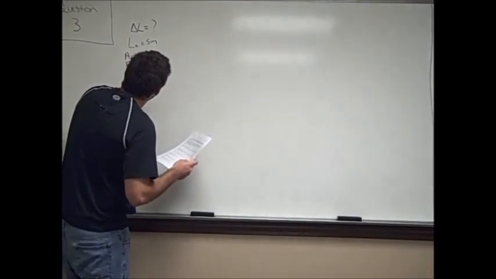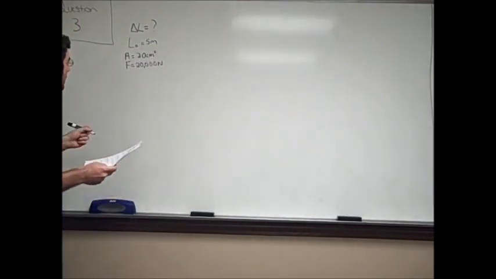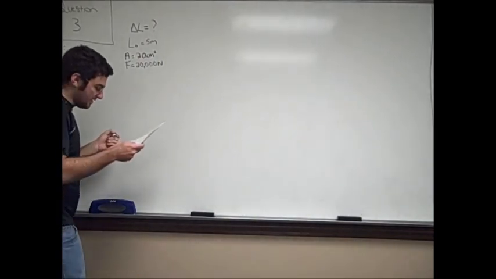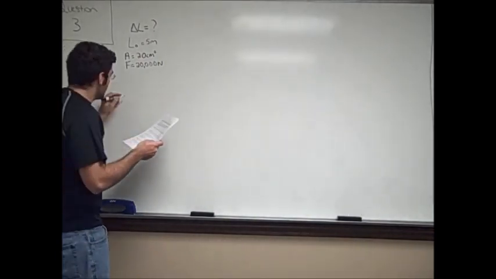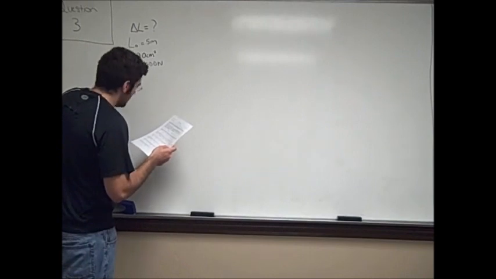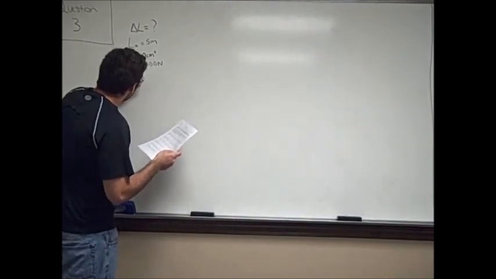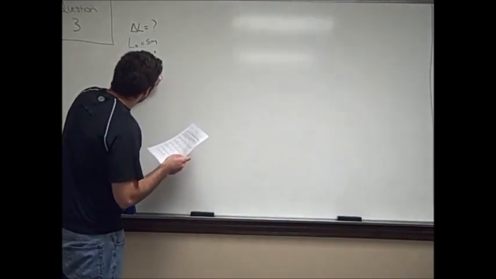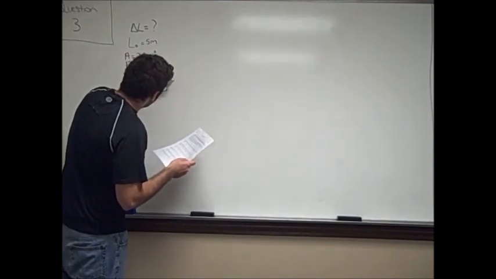Anytime you see a question like this, you also see that it has the Young's modulus constant for steel, which is Y equals 200 times 10 to the 9th newtons per meter squared.